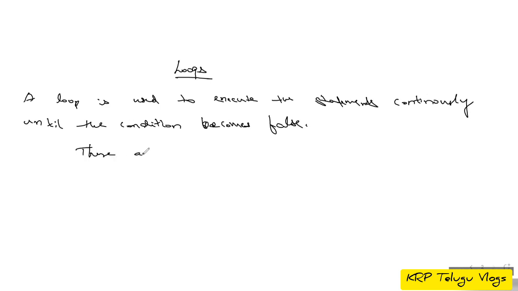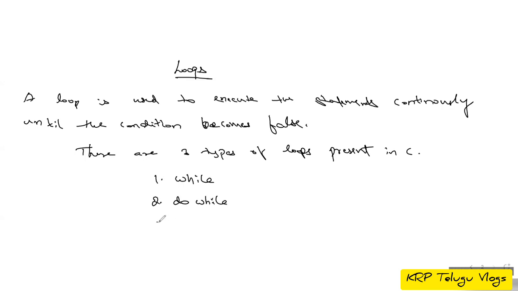There are 3 types of loops present in C. First one is while, second is do while, and third one is for loop.